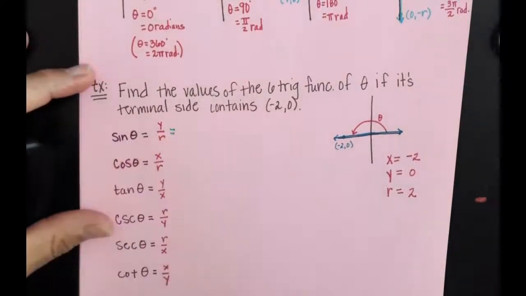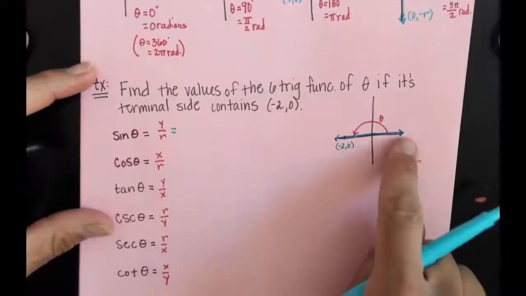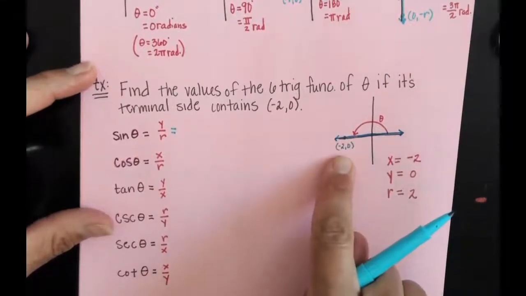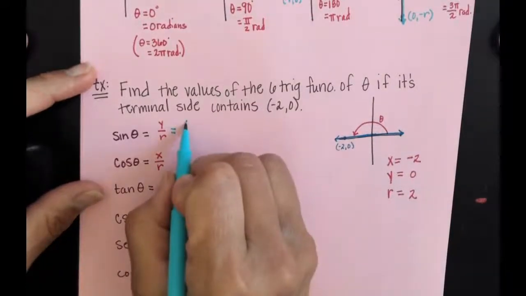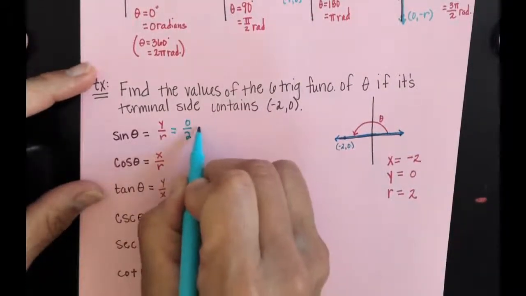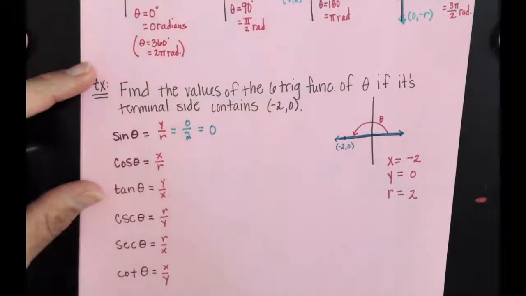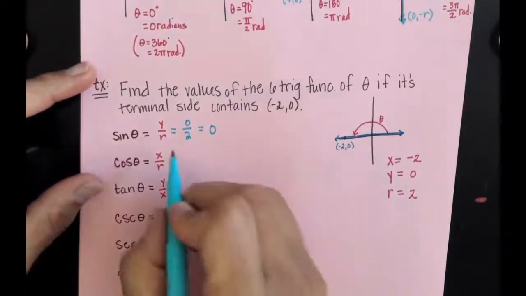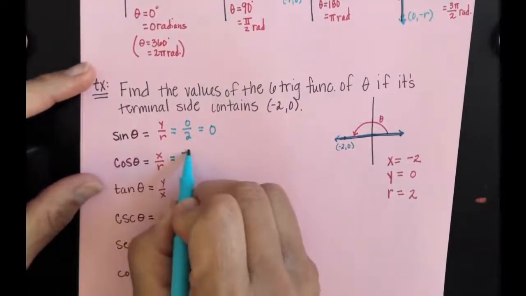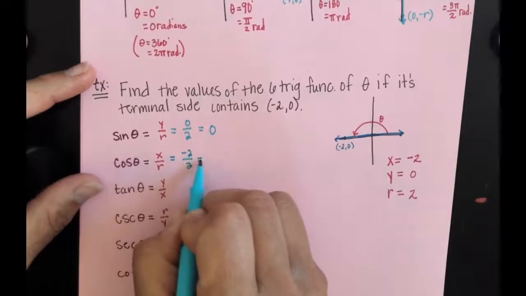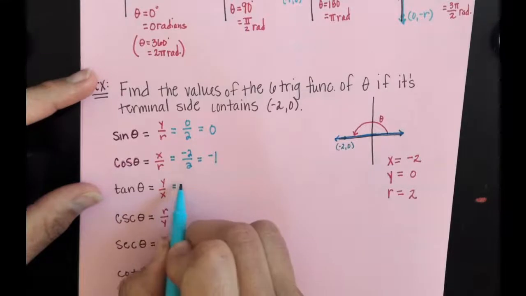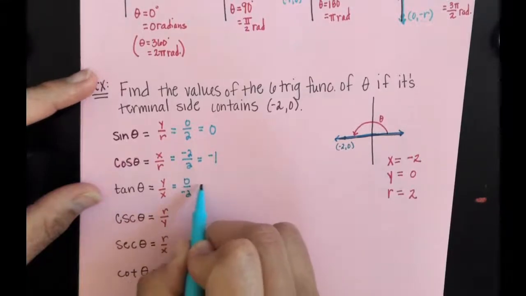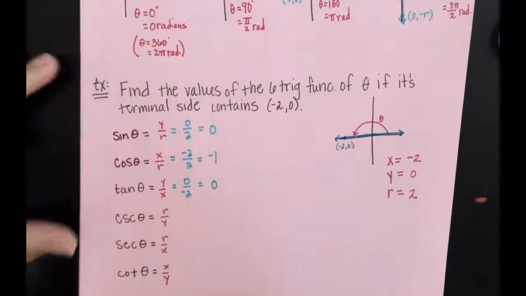So for sine theta, where our terminal side falls on -2, 0, y is 0, 2, so sine theta is 0. -2 over 2 is -1. 0 over -2 is 0.